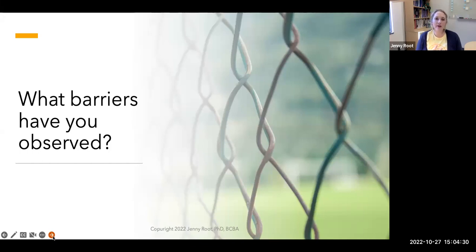Thinking about what barriers is a helpful framework to begin with. Because we then want to think about what solutions we can come up with and how can we make the students successful within the environments that they're in, right? So we certainly want to build up individual skills, but we also want to think about what barriers might there be in the learning environment that don't have to be there, right? Is there a fence that maybe we could remove?